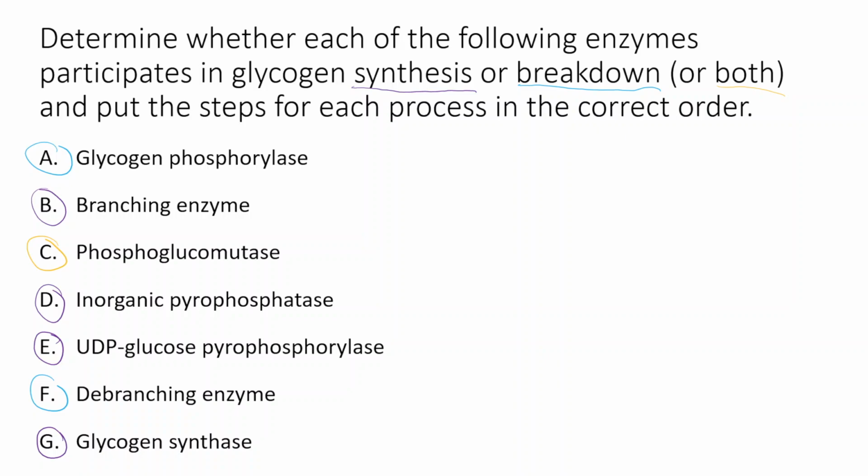Alright, so let's start to put them together. What's our starting material when we're going to synthesize glycogen? Is it just regular old glucose or is it a modified glucose? Yeah, glucose 6-phosphate. I'll write it as G6P. And what do we need to make it into before we can start going through glycogen synthesis?